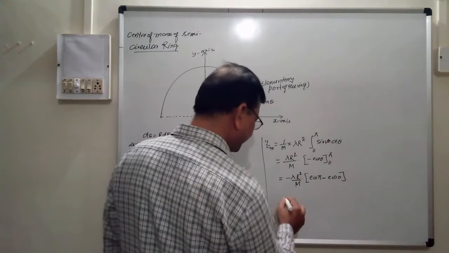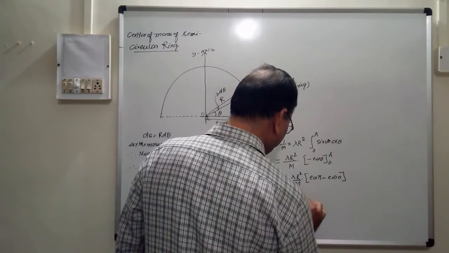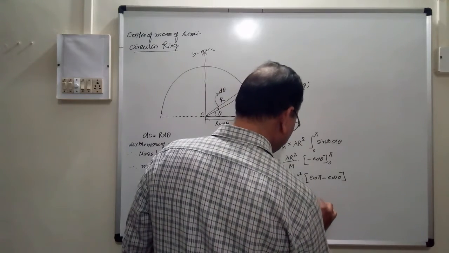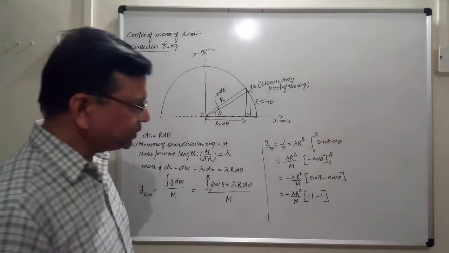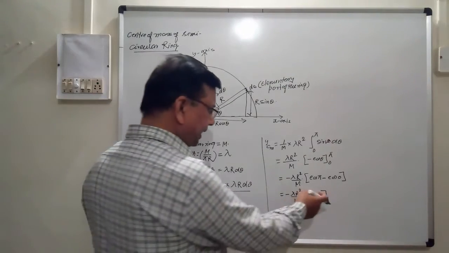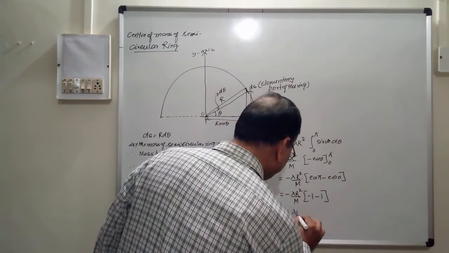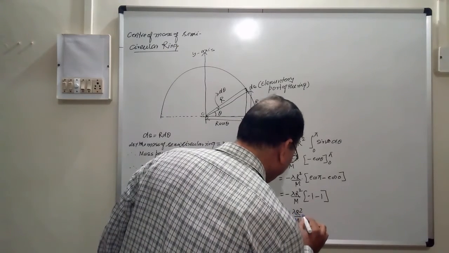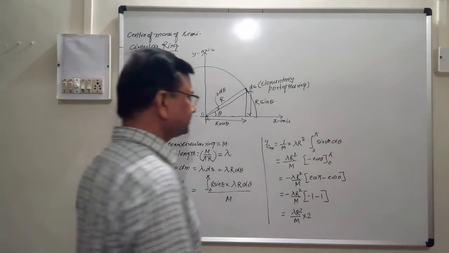And what is this? Cos pi is minus 1, cos 0 is 1. So minus and minus, in total it will be plus lambda r square upon M into 2. Put the value of lambda.